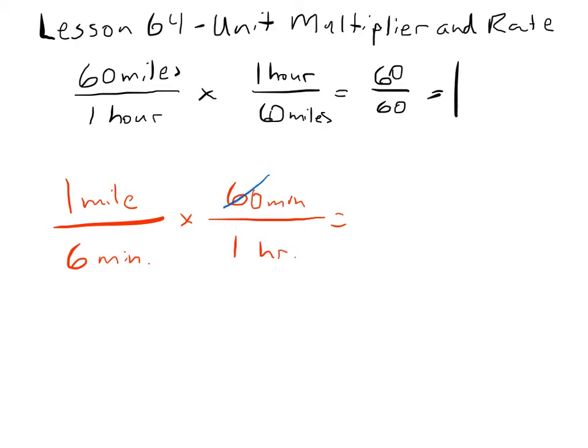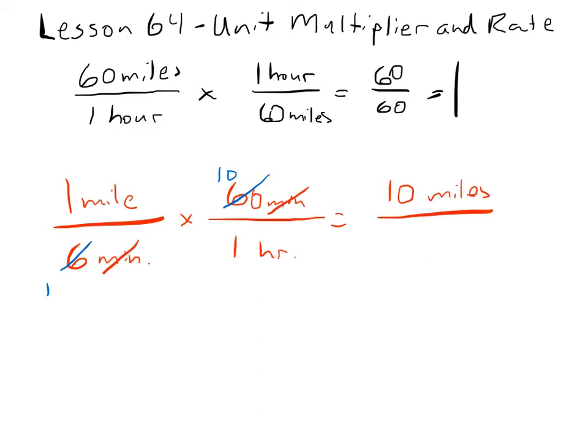I notice that I can reduce these to 1 and 10. And so now I can solve. 1 times 10 would be 10. And the minutes cancels out the minutes, so my label up here would be miles.